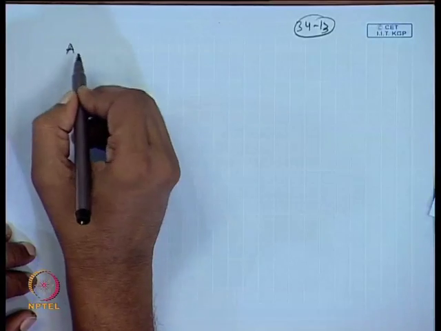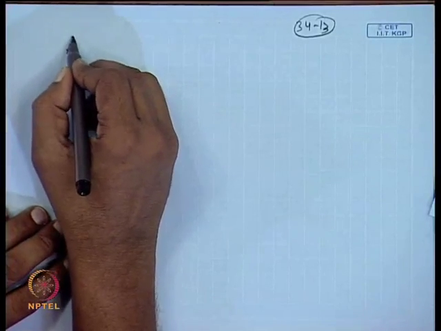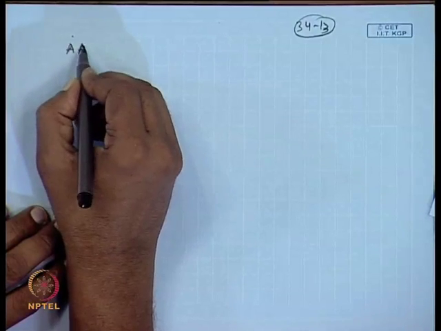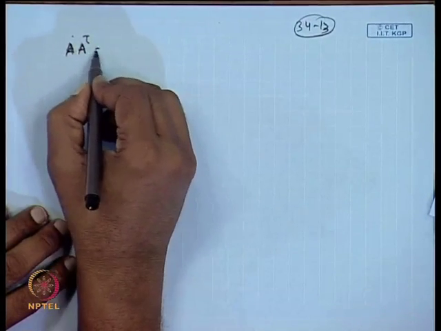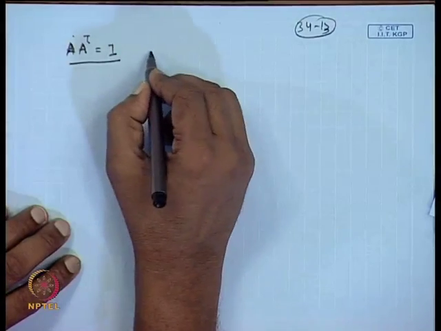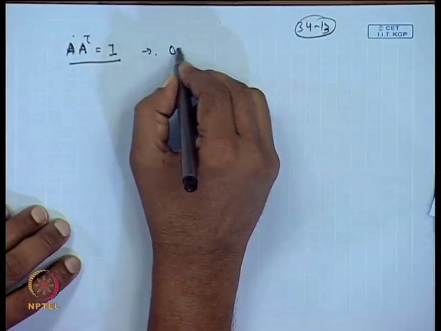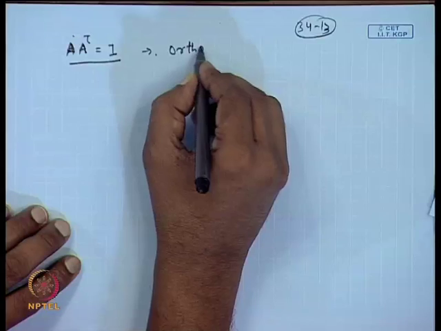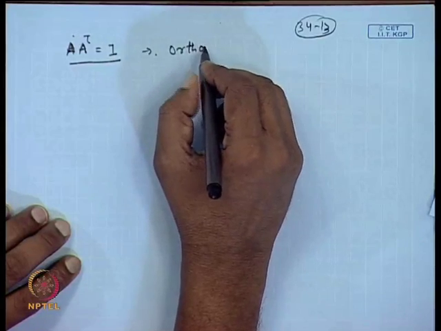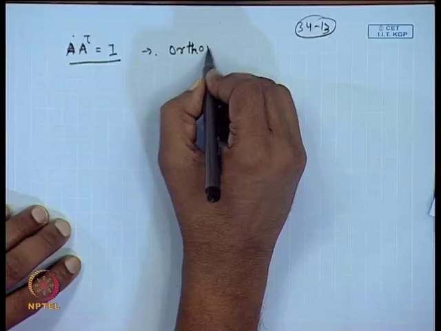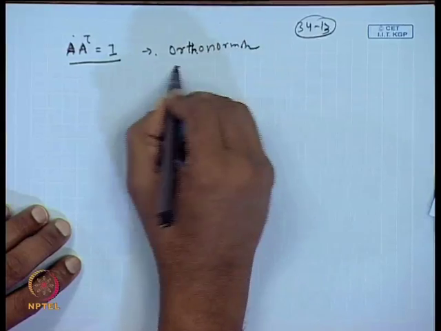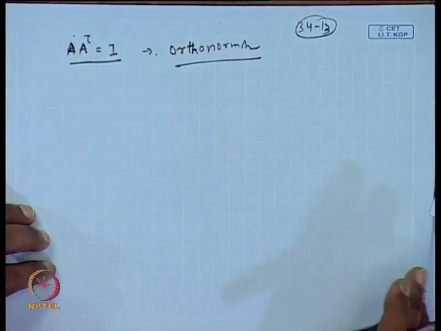If you have a matrix A, and A transpose A is written as I, you call this orthonormal.